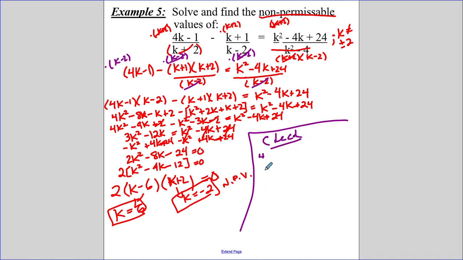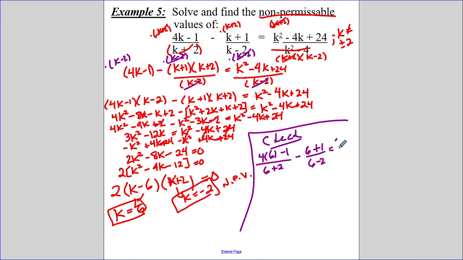So here, as a check, we have 4 times 6 minus 1 over top of 6 plus 2, minus 6 plus 1 over 6 minus 2, is equal to, and then here I've got quite a bit going on.